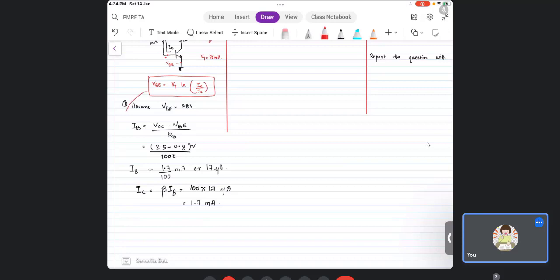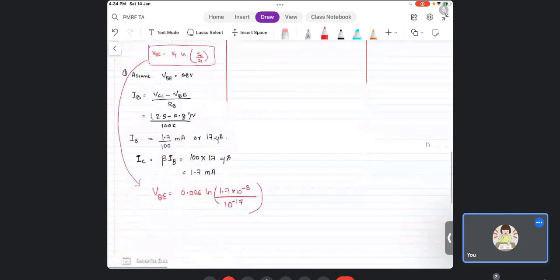So you take this equation and you find VB. 0.026 volts is the VT value. Natural log, please remember this is log base e, not log base 10. Don't use log base 10. ln is log base e. 1.7 milliamperes, so I am writing 1.7 into 10 to the power minus 3 upon 10 to the power minus 17, which was IS.